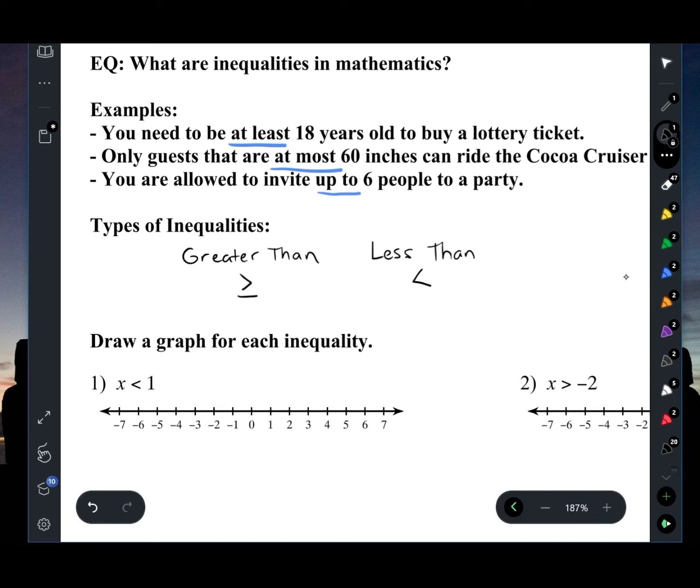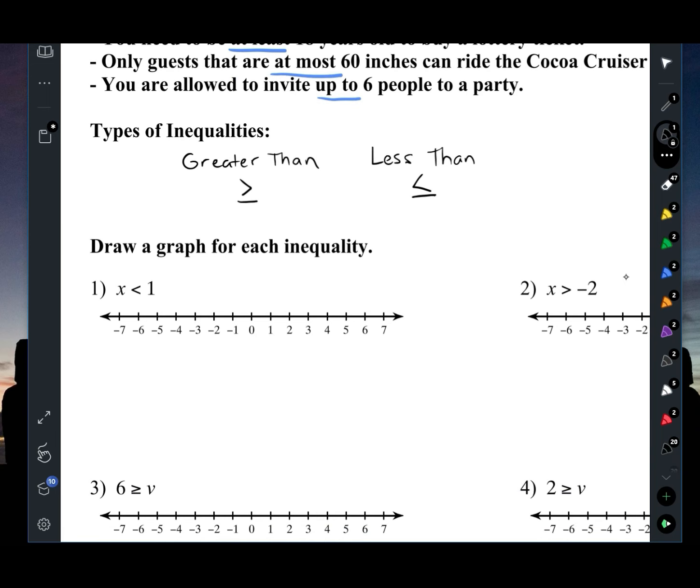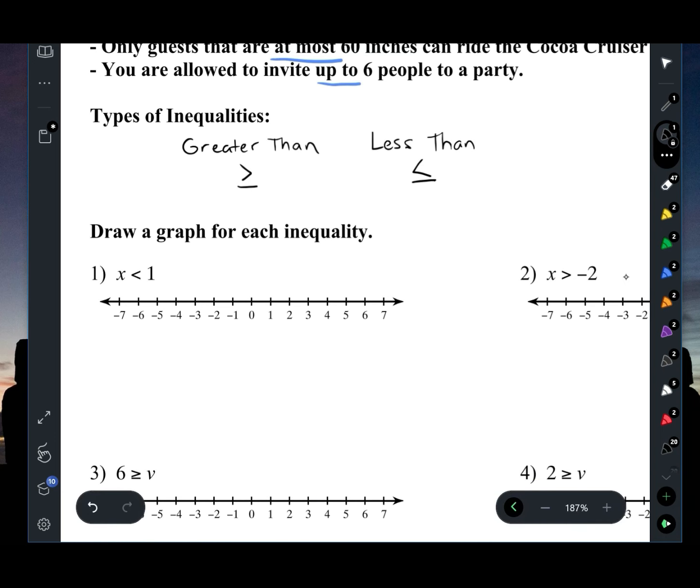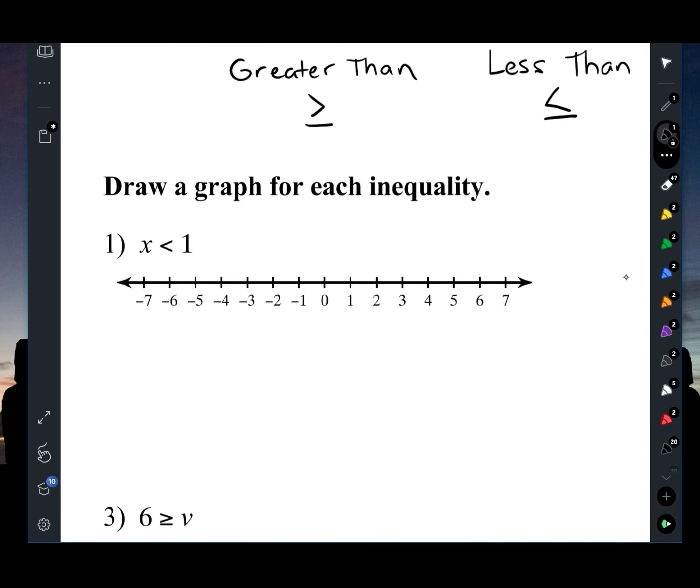So, solving and drawing inequalities. Taking a look at number 1 here. Basically, this is saying x is less than 1. So a number, x, any number is less than 1. So we are going to highlight 1 on our number line. I'll just write down x is less than 1.